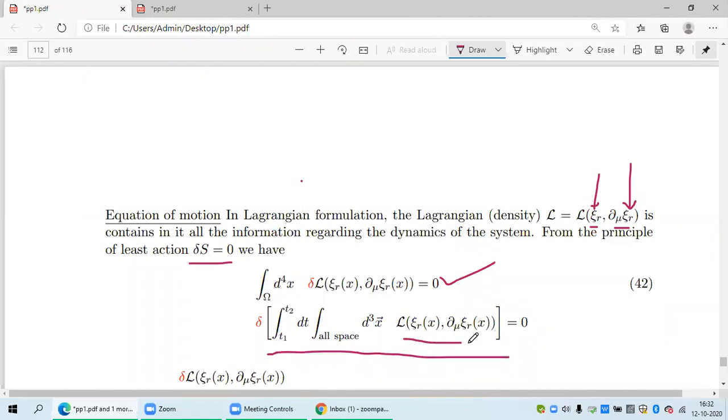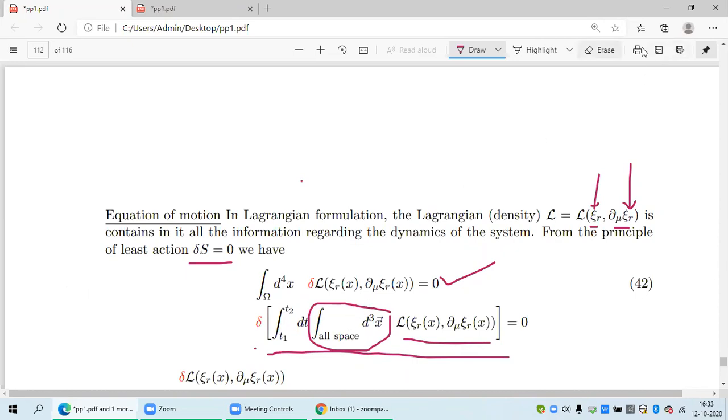There exists a function L whose integral over all space as well as all time is extremized for the actual path of evolution. Clear? So it is a generalization from classical mechanics to fields, where we need to put this extra integral, because now at every point in space we have the field description.